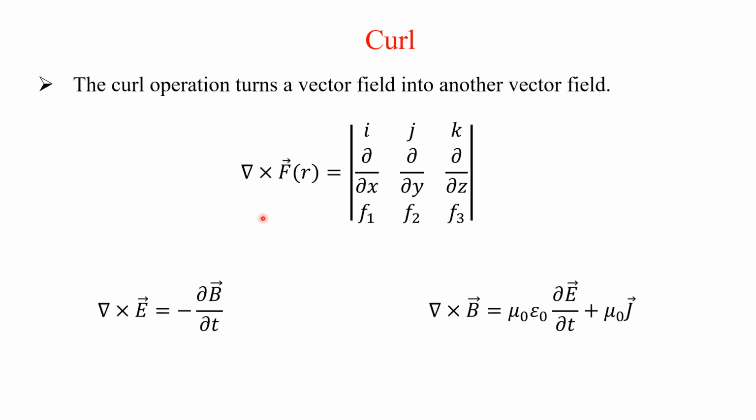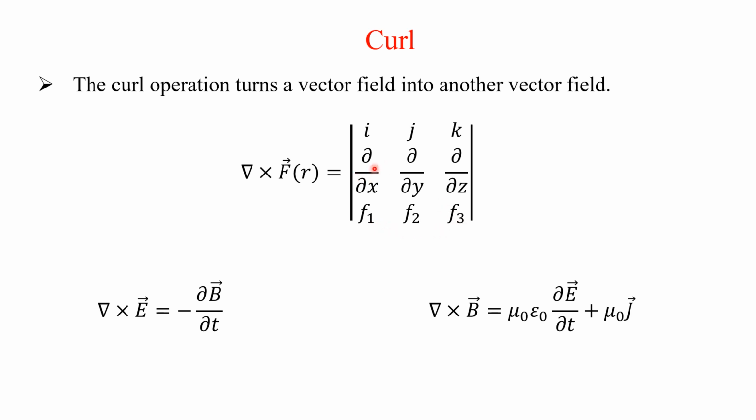Curl of a vector is defined like this. It can be written in matrix form with i, j, k, where i, j, k are unit vectors, and the partial derivatives with respect to x, y, z. Here F1, F2, F3 are the components of F along the x, y, z directions.